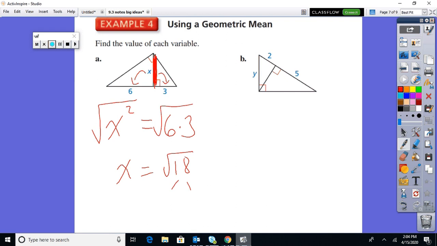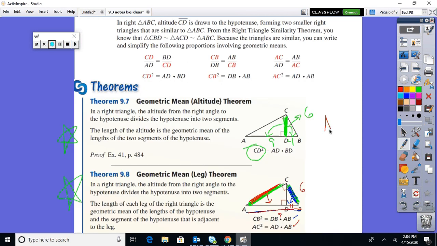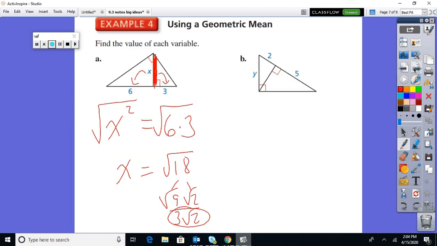And of course, that can get busted up into square root 9 times square root 2, which is 3 root 2. Now, how did I do that so fast? Well, just because I remembered the theorem from the page before, the geometric mean altitude theorem, because I was dealing with an altitude. I was looking for an altitude.